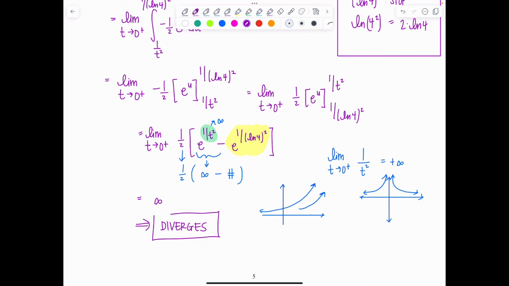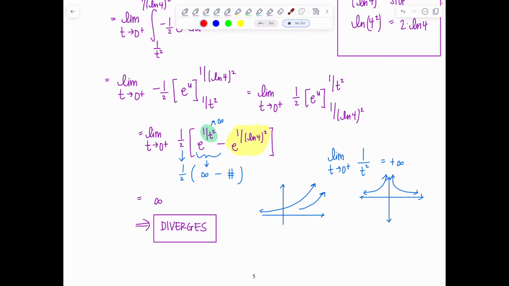Now, some of the students didn't switch around the order of subtraction. Let me just show you. The ones who didn't do this, they had a negative 1/2 in the front, and then they had a number minus infinity. So then they would just have that negative infinity times some negative number now goes to positive infinity. So either way, if you skip this step, you'll still get to the same final answer.